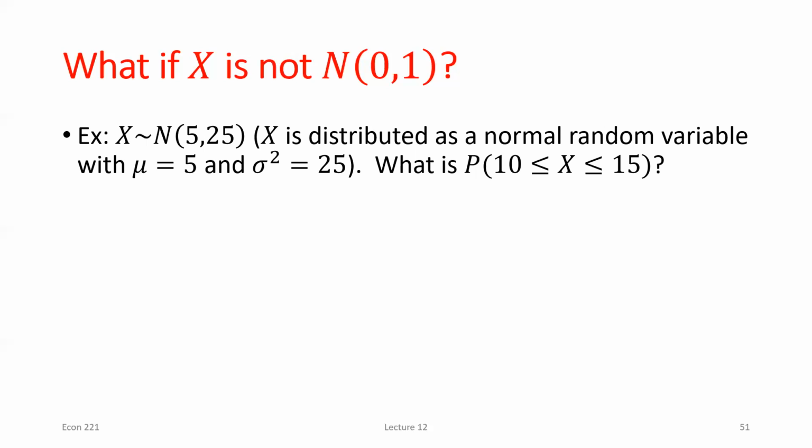I want to know what's the probability I see this random variable x take on a value between 10 and 15. So right away, what do I know this probability has to be less than? So if I think about the area to the right of the mean, that should be a probability of 50% or 0.5, right?